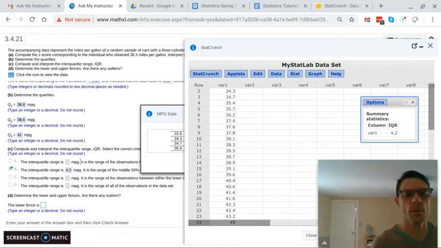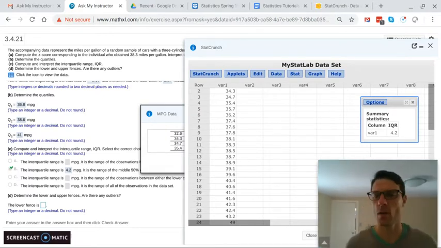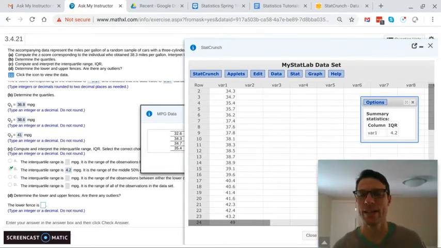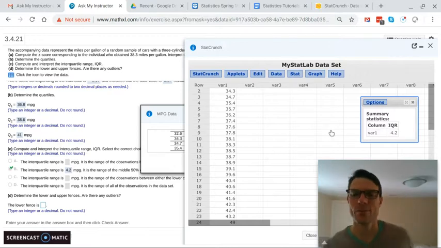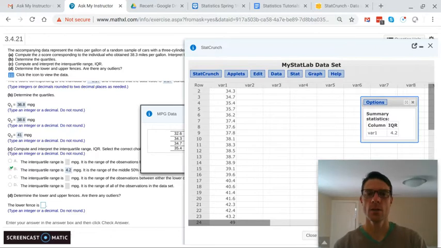Now determine the lower and upper fences. The lower and upper fences are a way to identify any extreme values in the data set. The way that it's defined is that if a point is 1.5 times the IQR above or below quartile 1 or quartile 3, then it's considered a really extreme value, an outlier.